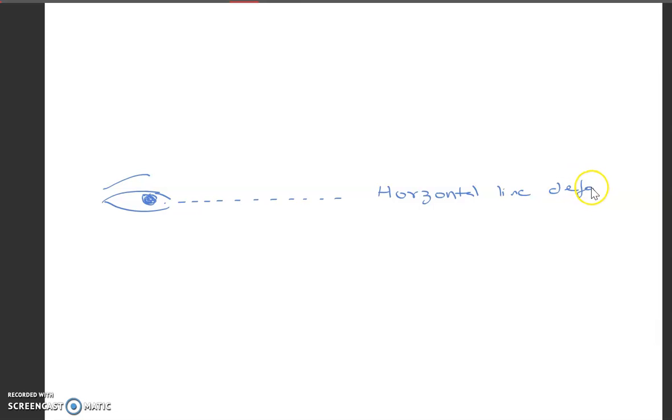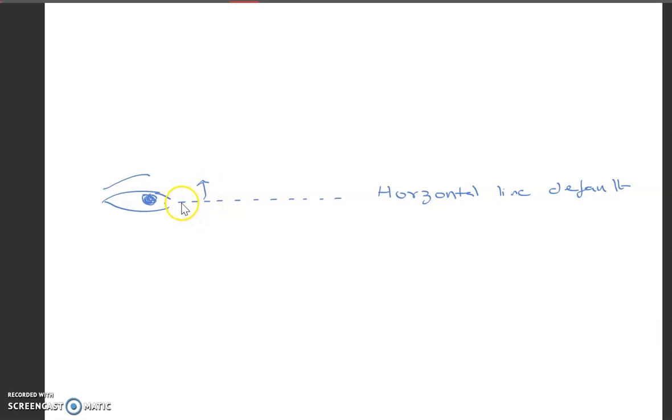So when we talk about measuring any angle, we measure from this line, whether you look up or you look down. This is a rest line for us. Whenever we talk about an angle of elevation, we talk about looking up.